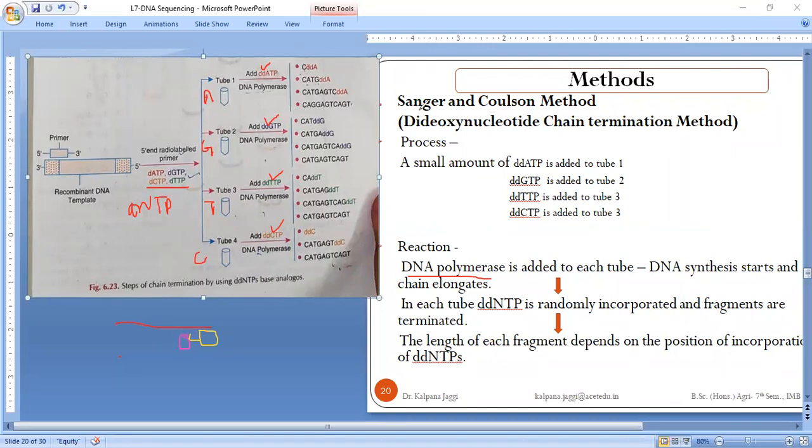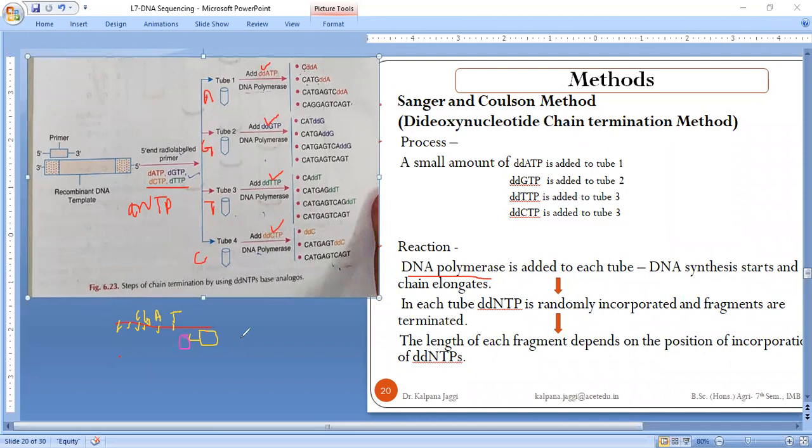The enzyme will read the sequence that is present on the single strand. Say it is T, say it is A, G, C. I don't know the sequence. Just to make you familiar, I am writing this fake sequence, because the sequence is only to be analyzed by us.